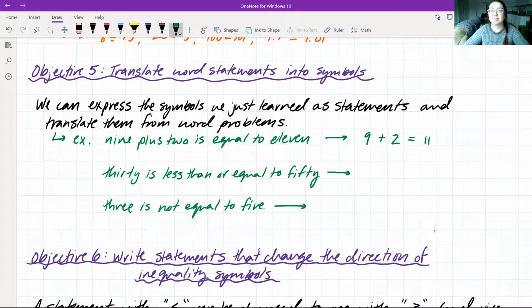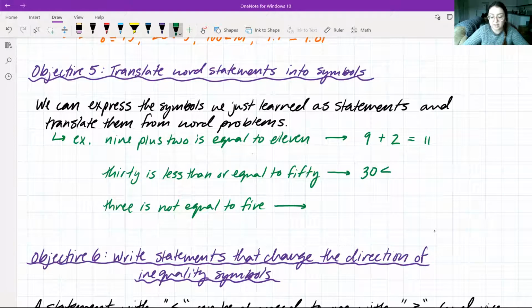Fairly straightforward. It's a normal equality that we would always use anyway. The next one is 30 is less than or equal to 50. We begin with 30, and we're saying that 30 is less than or equal to 50. Well, 30 is less than 50, and our symbol for less than looks like that.